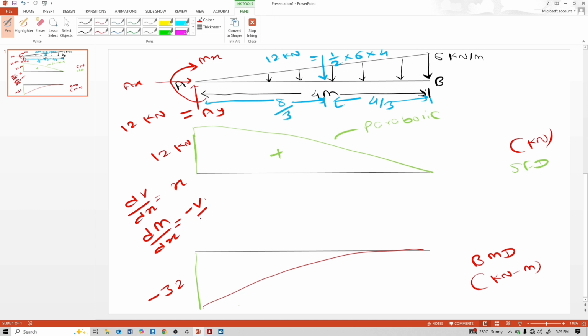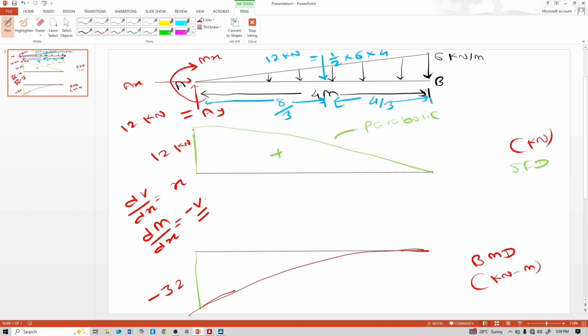If this shear is maximum here, then slope is maximum. So that's why here slope is maximum. If the shear is 0 here, then slope is 0 here. So that's why this is like this.